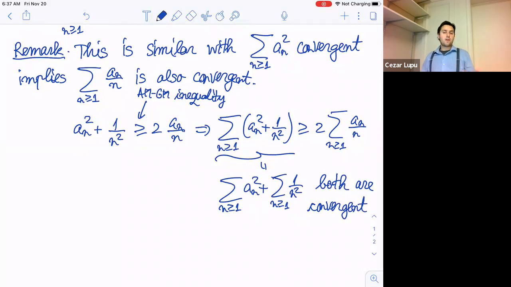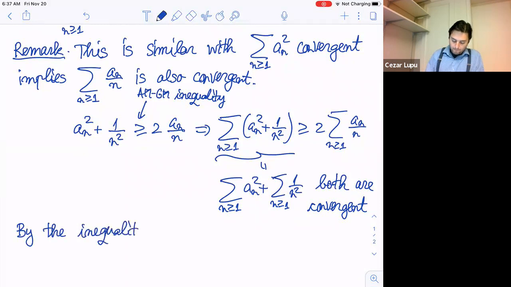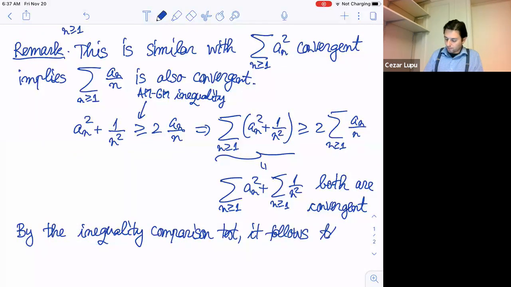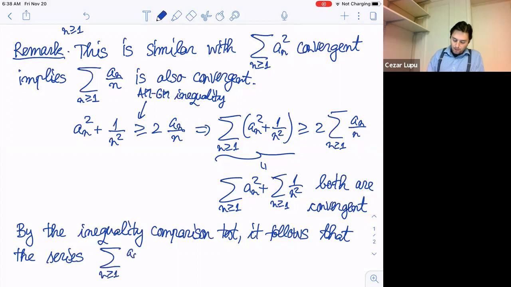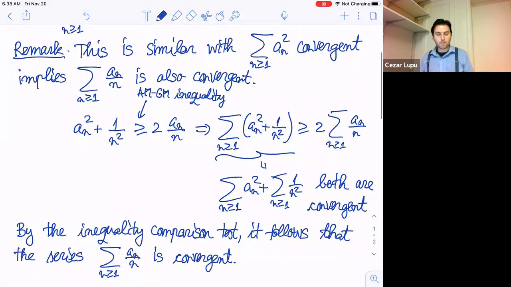And therefore, by the inequality comparison test, it follows that the series a_n over n is convergent.